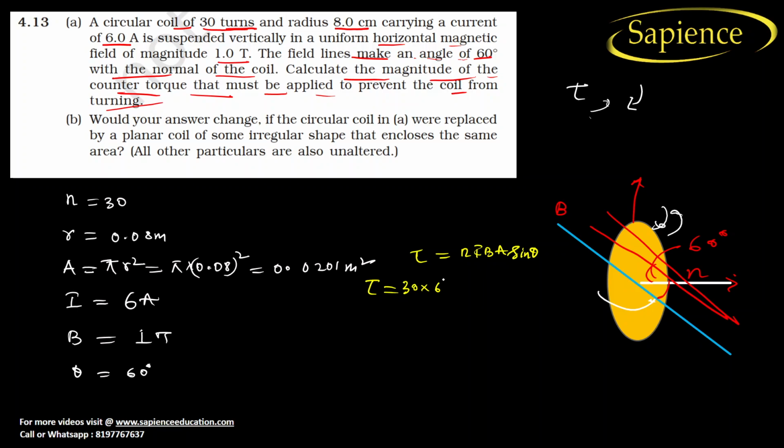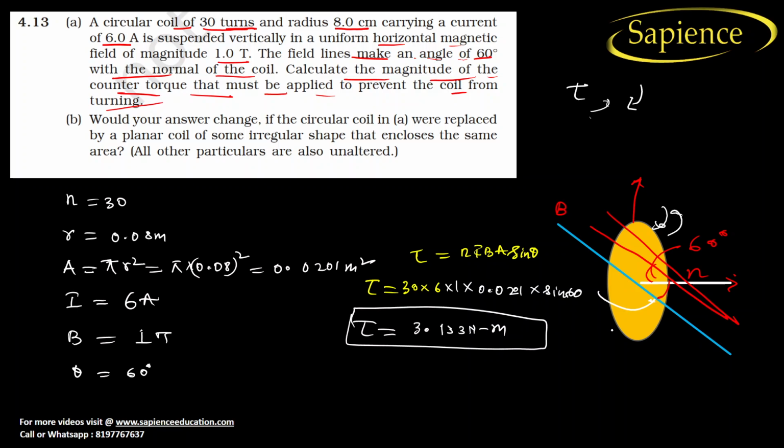Magnetic field 1 Tesla. Area of the cross section is 0.0201 into sine 60. Sine 60 means root 3 by 2. So when you put this, you will get approximately torque equal to 3.133 Newton meter. So this is the amount of torque which is required so that you can stop it from turning.